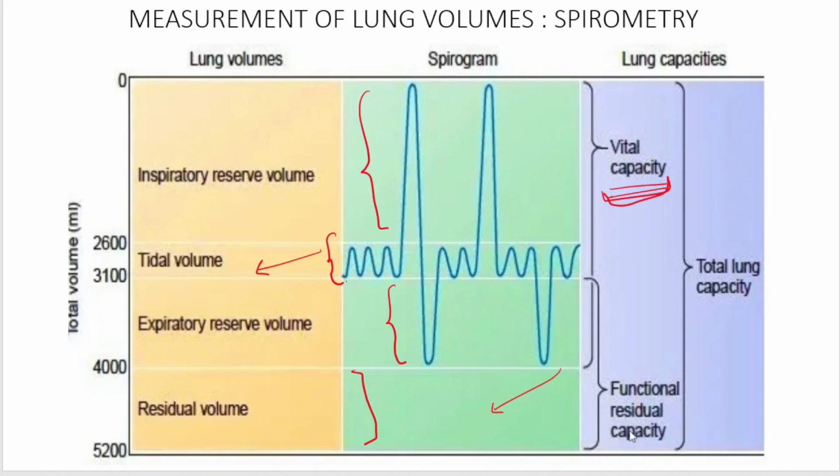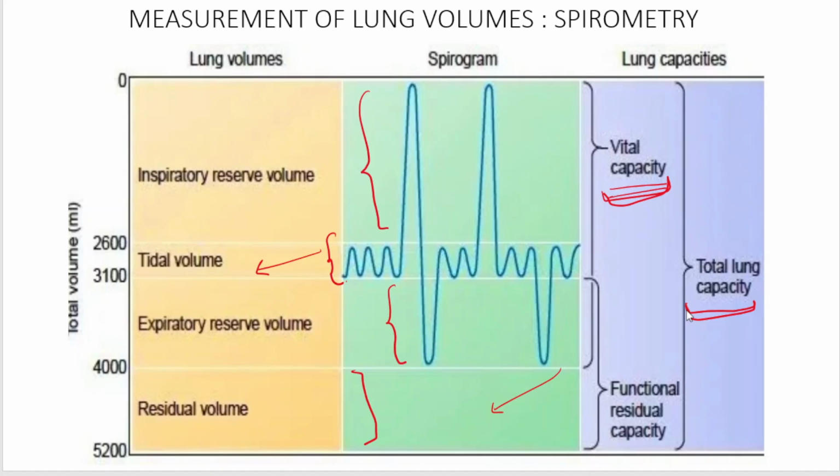Functional residual capacity is the residual volume plus expiratory reserve volume. This is the volume which remains inside our lungs. And the total lung capacity is the measurement of the air which our lungs can accommodate.